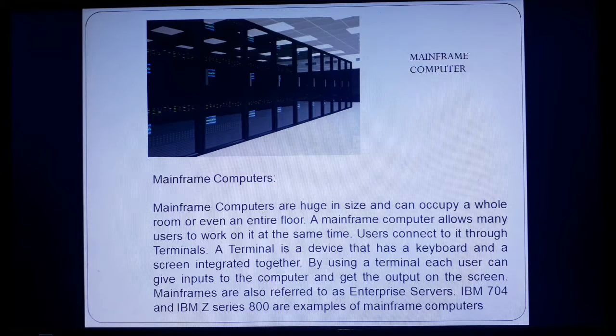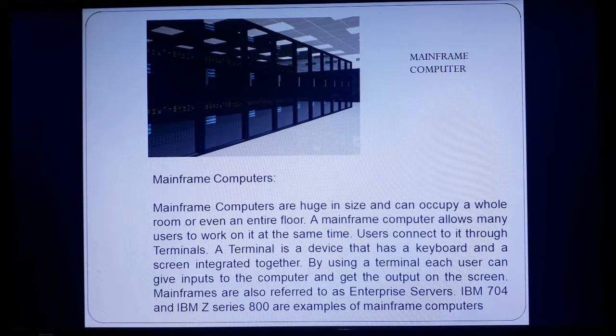Users connect to it through terminals. And now the question is, what is a terminal? A terminal is a device that has a keyboard and a screen integrated together. That is, a terminal is a single user computer. Okay. So many terminals can be connected to a mainframe computer.